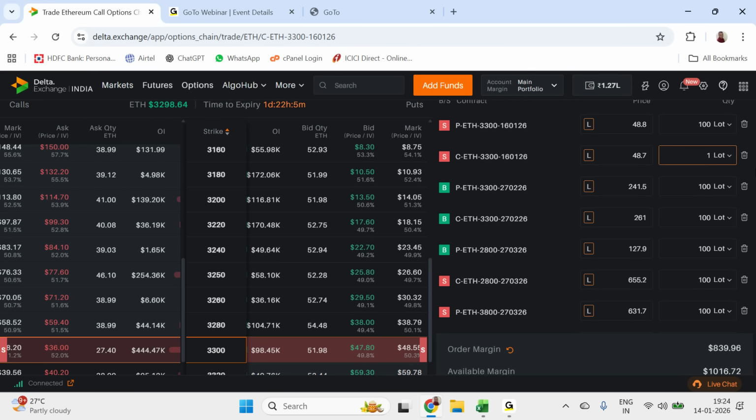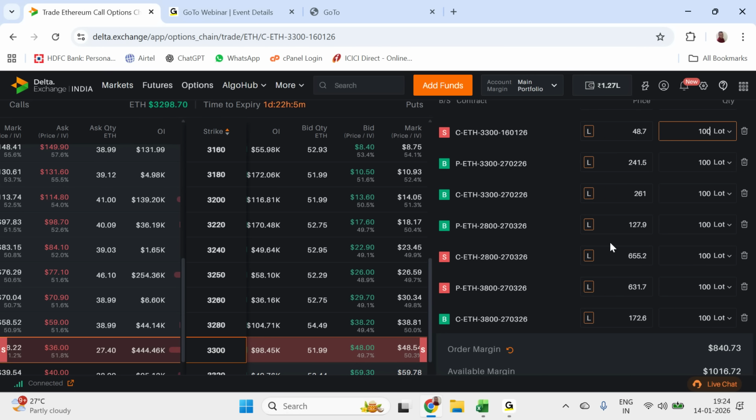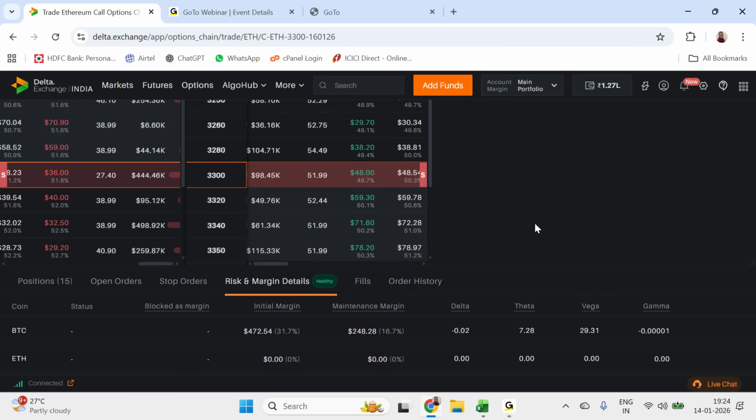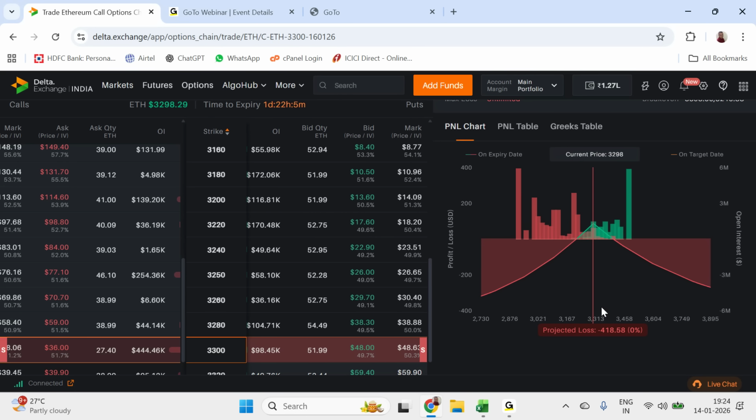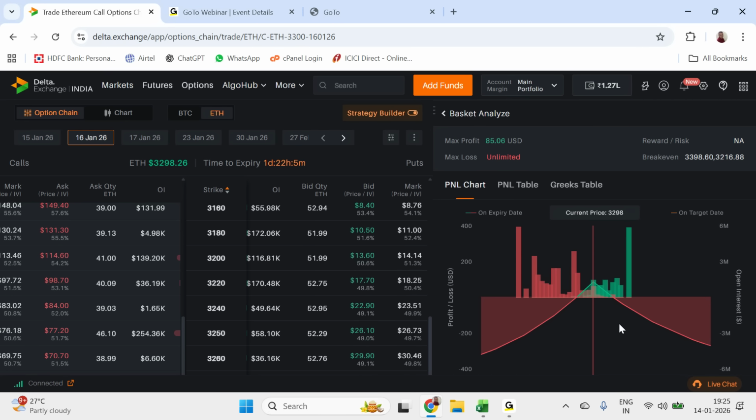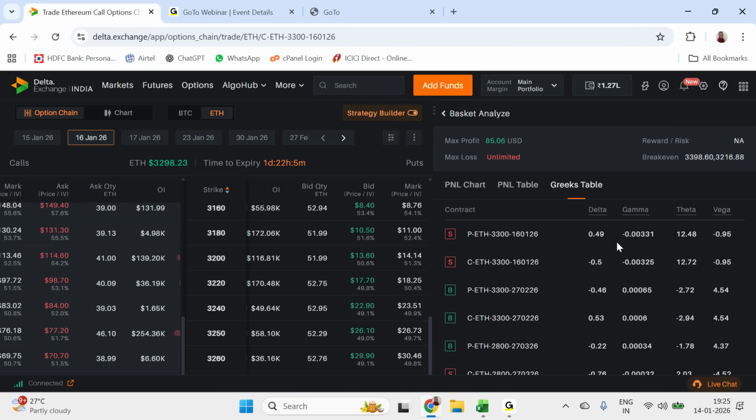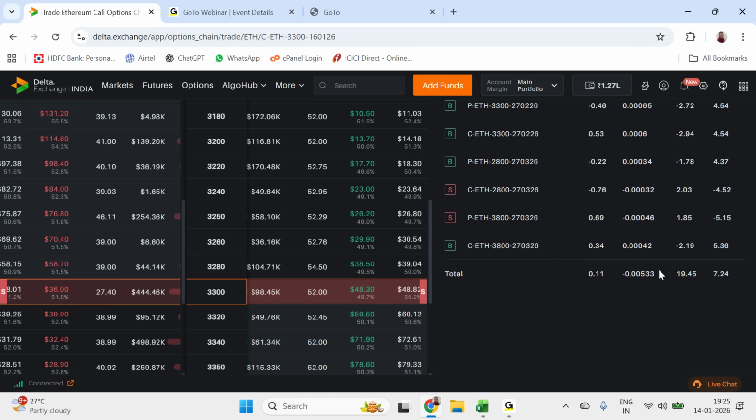Earlier you saw theta is almost zero in the box case. Even if you add this, theta will become somewhat negative, but delta will be almost zero. Now go and see the Greeks. The projected loss you don't look into, because three series are involved and it will misguide the system; the Greeks will tell you the actual picture.